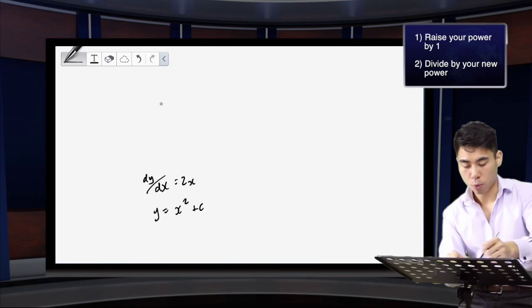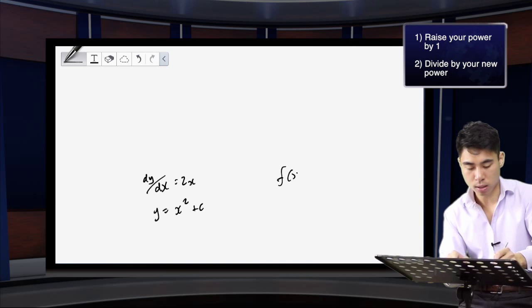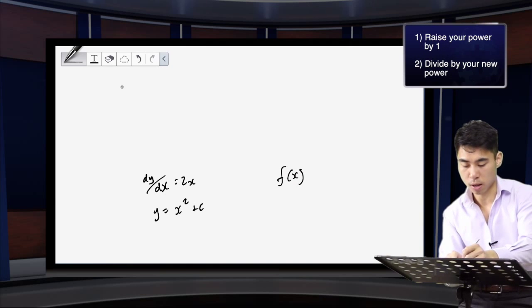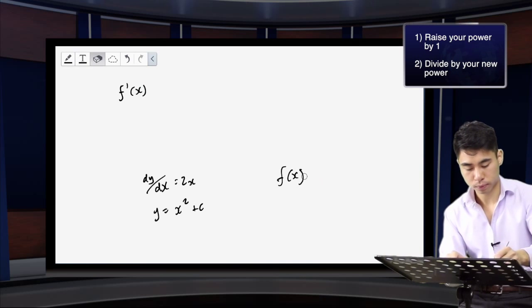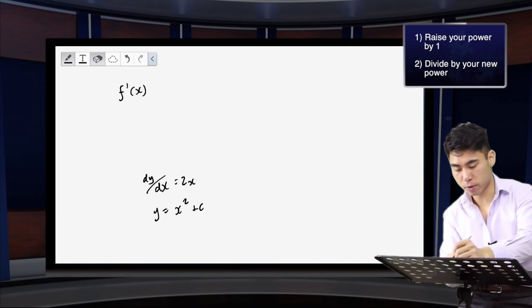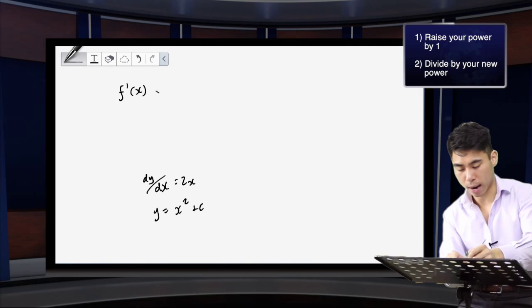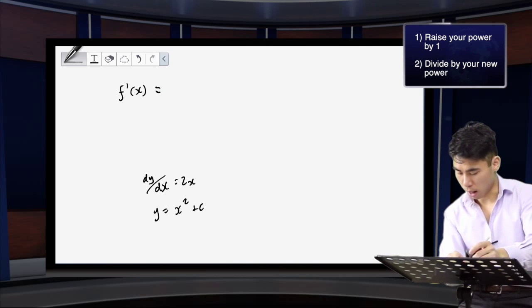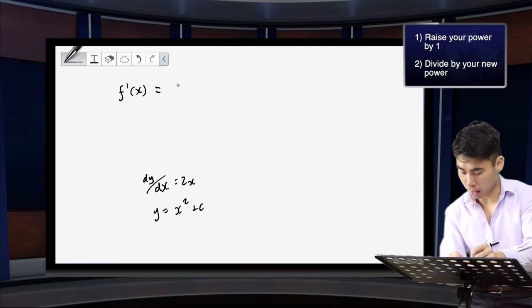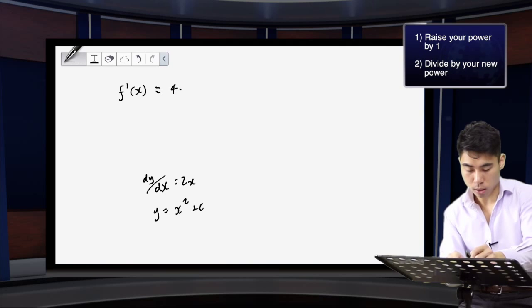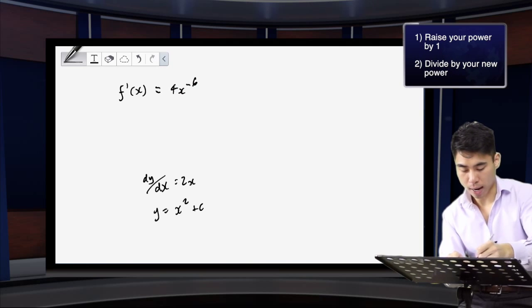Whereas if we're working in terms of our function notation, i.e. f of x, then our first derivative is going to be expressed like this. Okay, so my first derivative, the one that we're going to look at now, is going to be f dash of x equals 4x to the minus 6. Now rather than working out our y, we're obviously going to be working out our f of x, our original function.